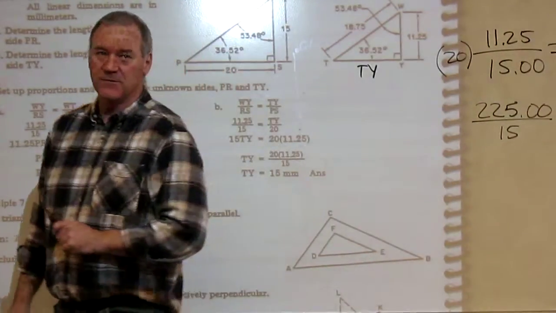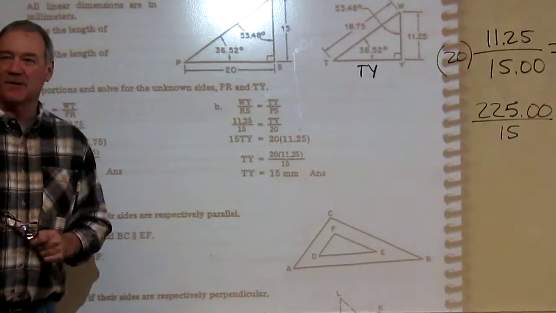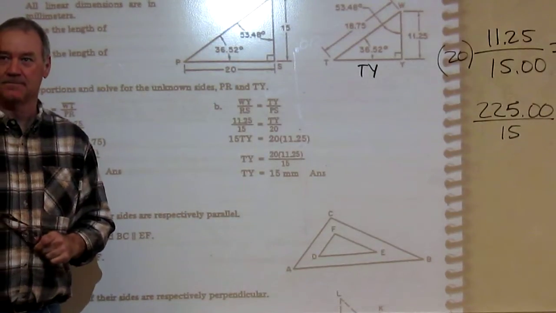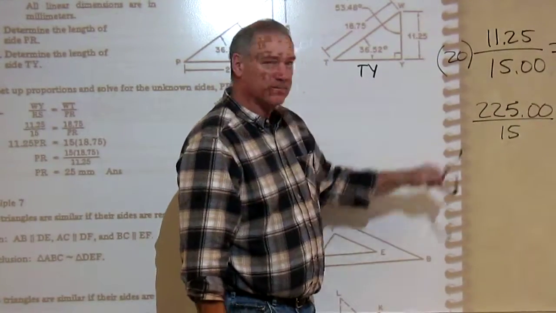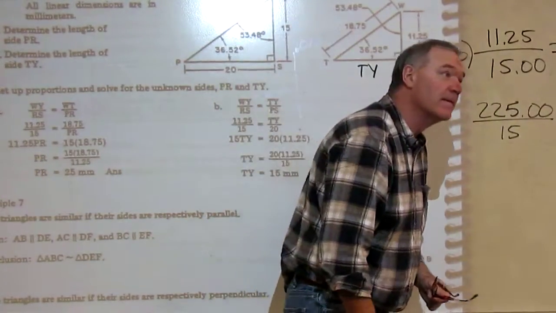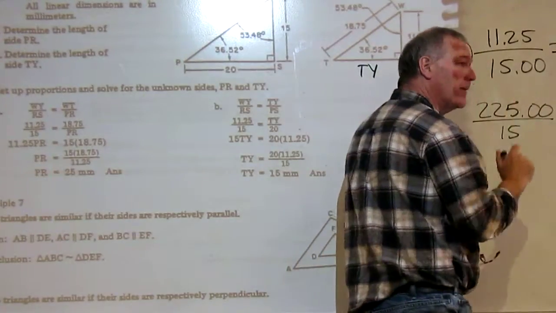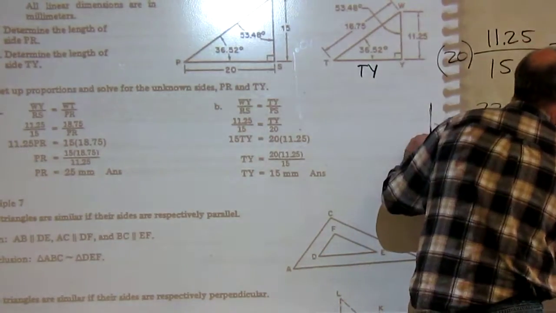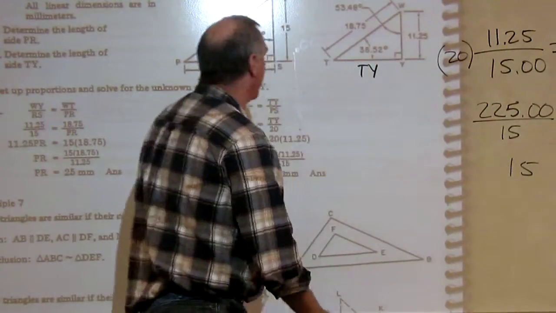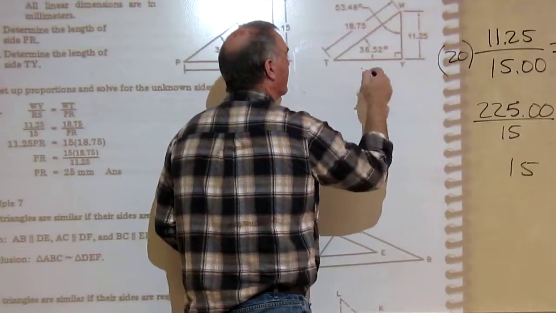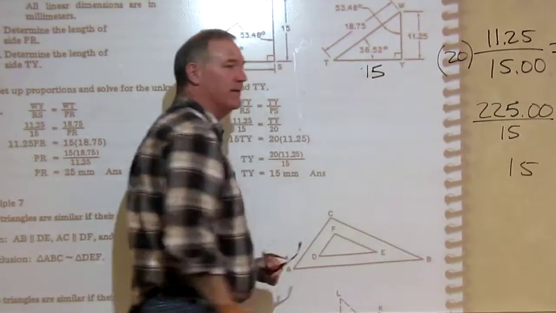Yes, 225 is right. So here's what I'm left with in my equation. Now I'm going to take 225 divided by 15. So now I've got that side TY is equal to 15. I now know this guy is 15.